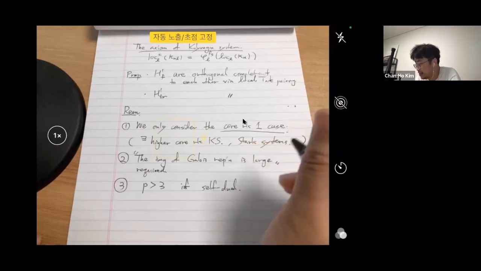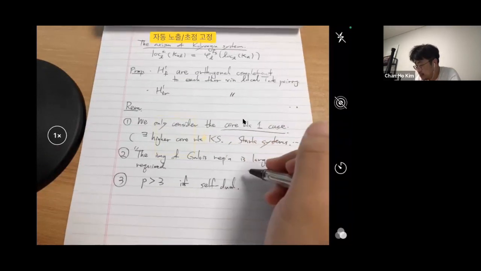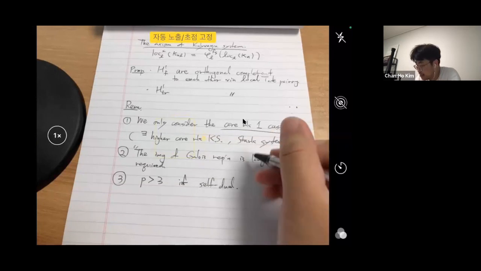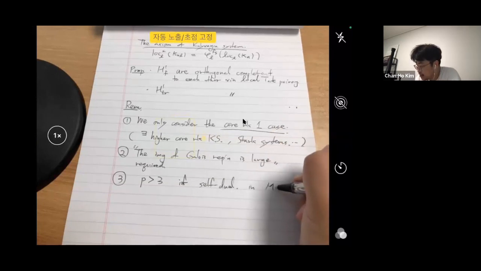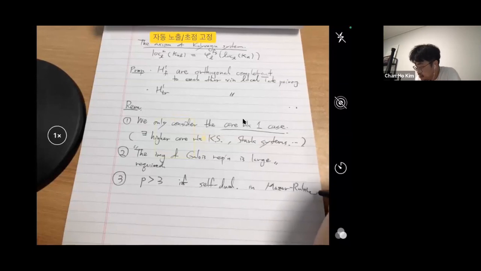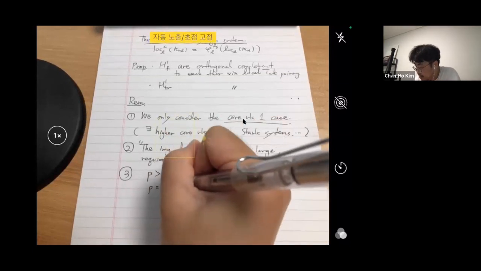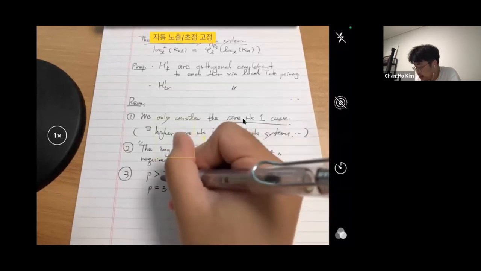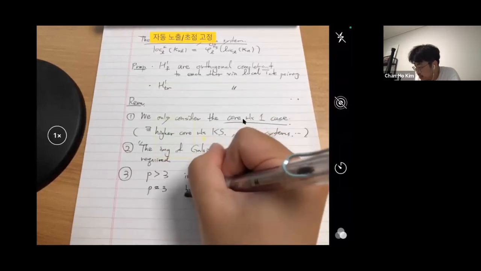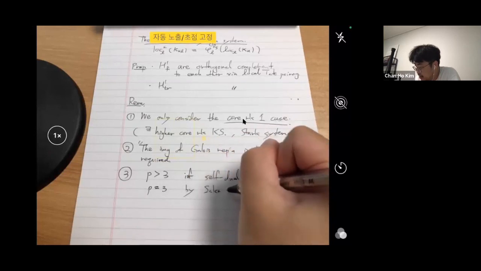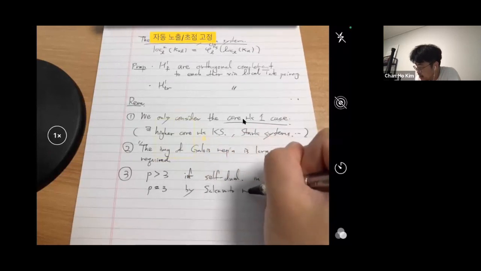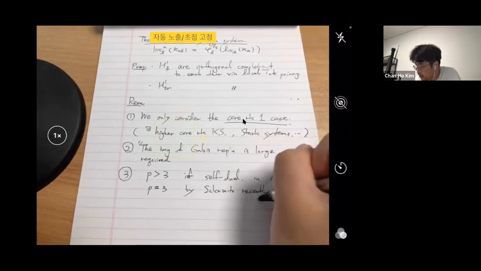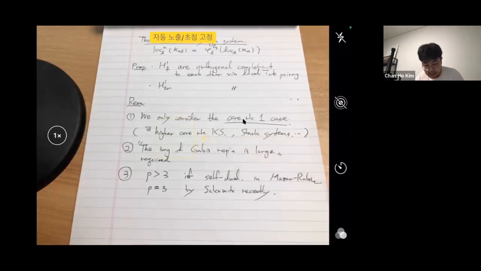The elliptic curve satisfies this condition in Mazur-Rubin. But the p equal 3 case is recently, this condition is removed by Sakamoto. So for other primes, it's okay.